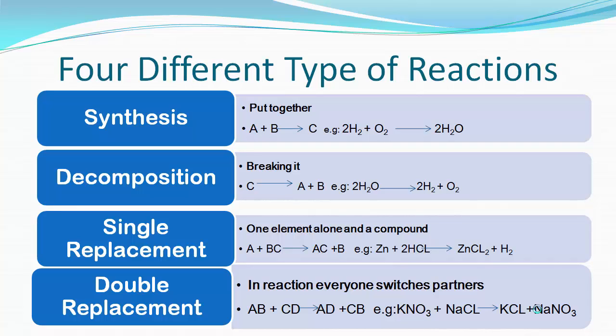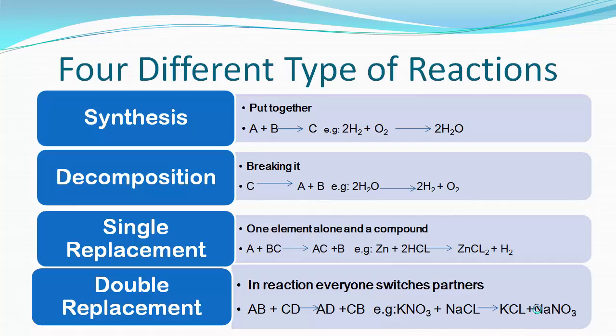In single replacement, there is one element alone and a compound. So A plus BC yields AC plus B. A replaces B, and B has nothing to replace with, so it just stays there.